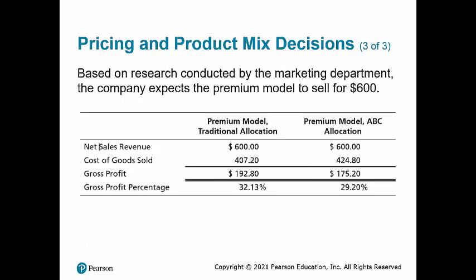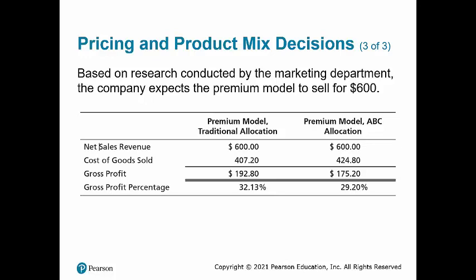Now for the premium model, it wasn't sold last year, but let's say that the company expects to sell that model for $600. Using the traditional overhead allocation, we determined that the cost per unit would be $407.20, but using activity-based costing, it went up to $424.80.